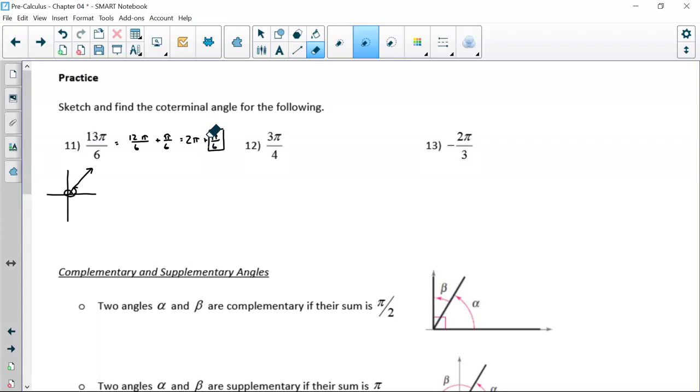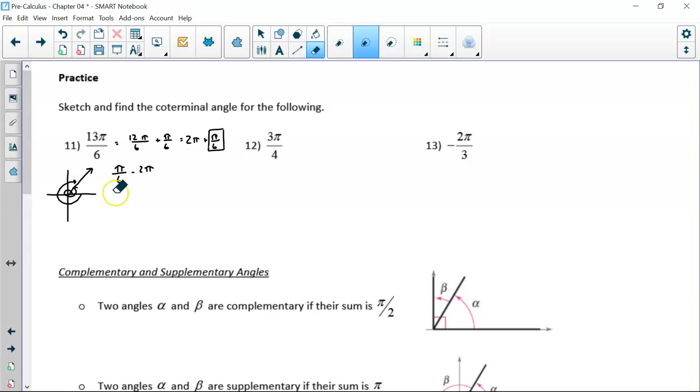Now to find the negative coterminal angle, that's going to be the angle that, if we go clockwise around the circle, is going to bring us here. So what we could do is take pi over 6 and subtract 2 pi from that.